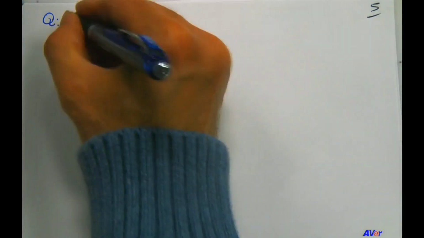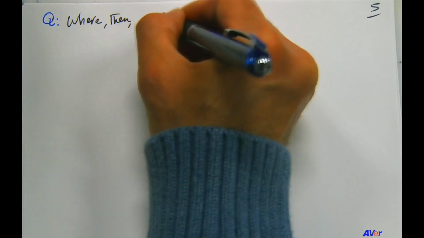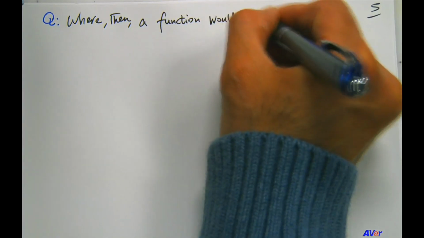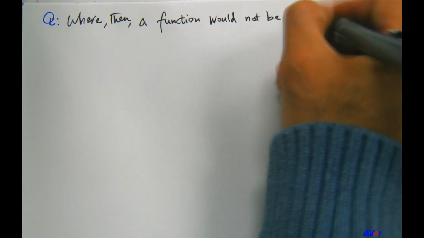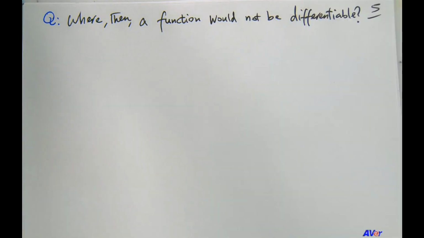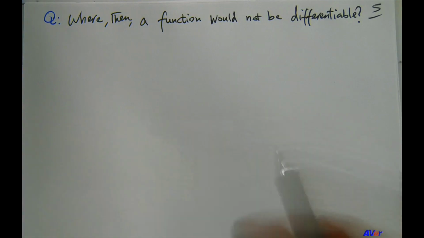So we ask the question: where then would a function not be differentiable? Okay, so we ask that. Here are the different cases where this might occur.